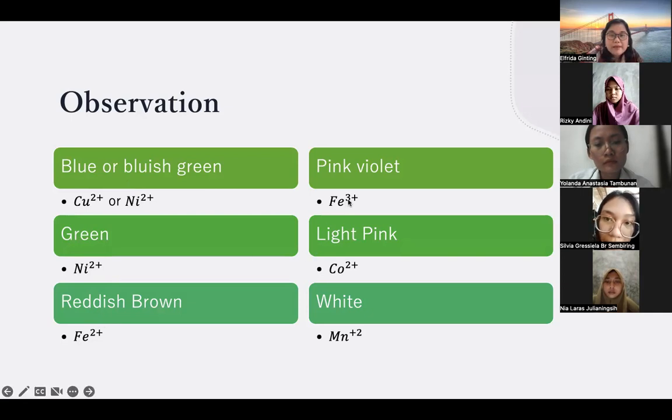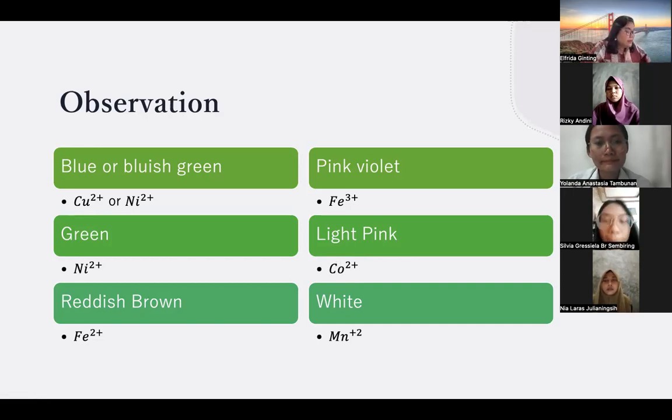With iron, you need to differentiate: iron 2+ is reddish brown, but iron 3+ is pink violet. It's a beautiful color. If you have cobalt 2+, you have light pink.